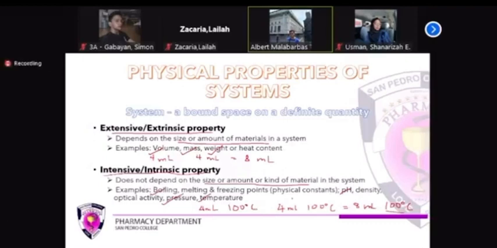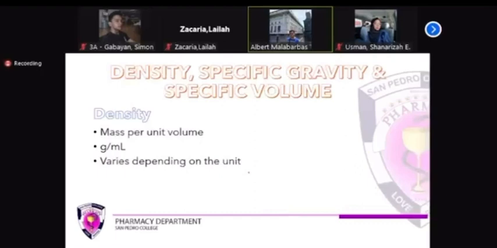Okay? So, boiling point is an intensive property. Next, we have density, specific gravity, and specific volume. Density in pharmacy is described as grams per ml or mass per unit of volume.